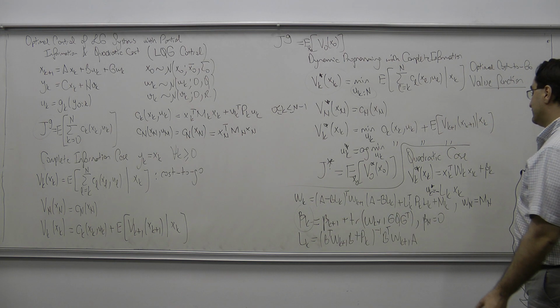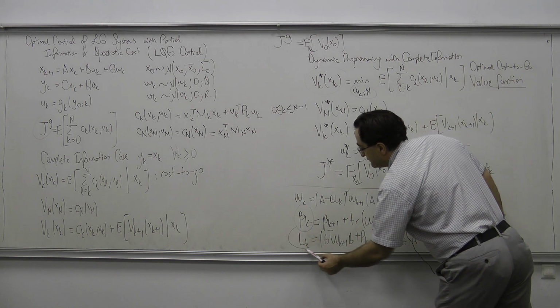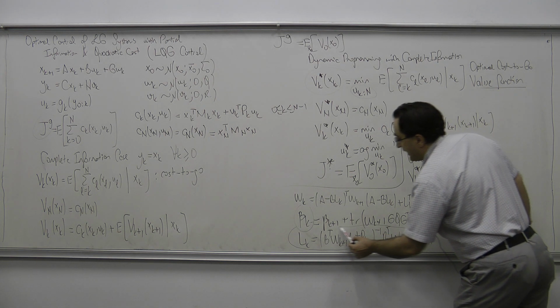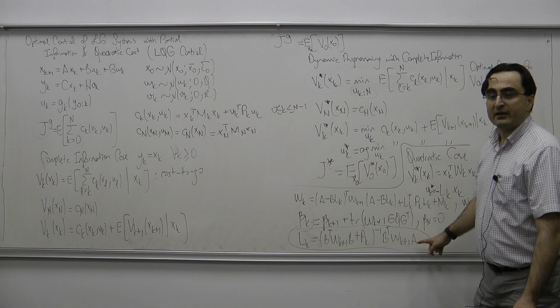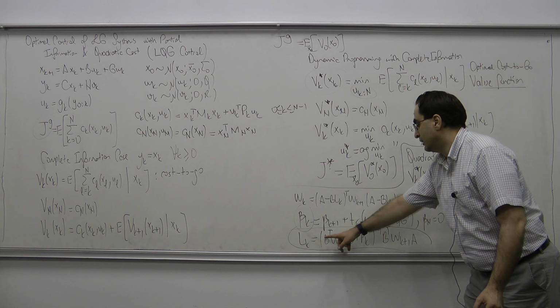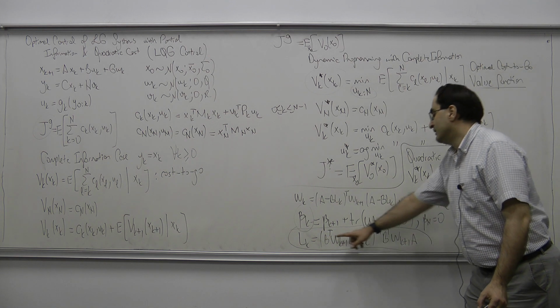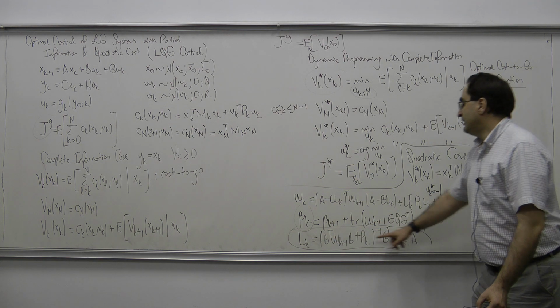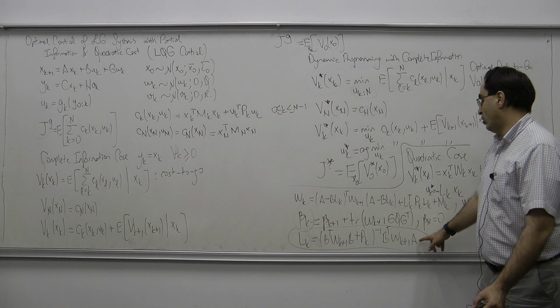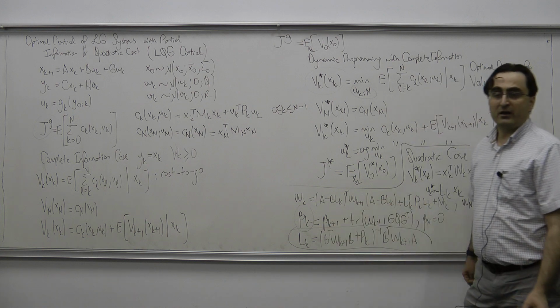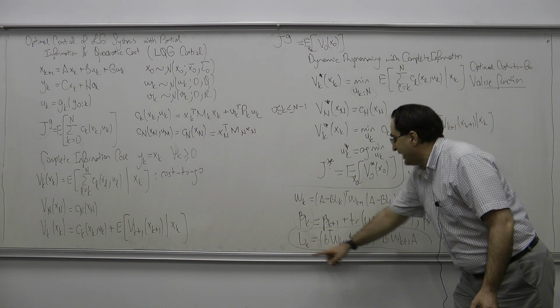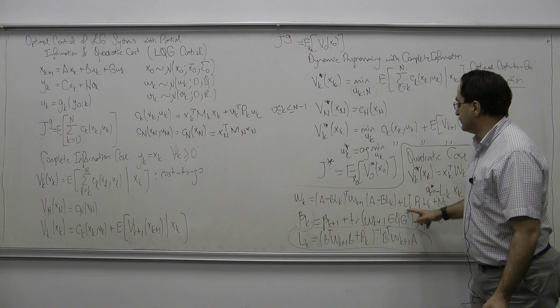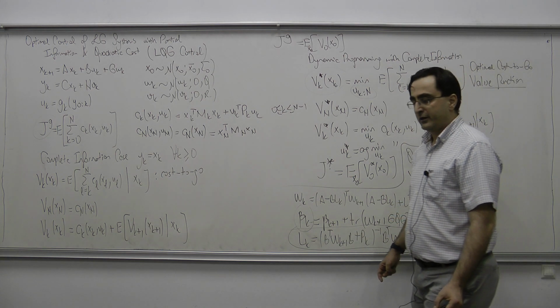And we see that here this feedback gain L_k is independent of beta k or beta k plus 1. So we see that here this feedback rule is independent of the beta k variable. Okay? So we can say that this L_k is actually independent of the process noise covariance here.